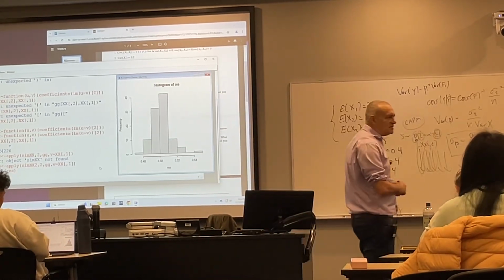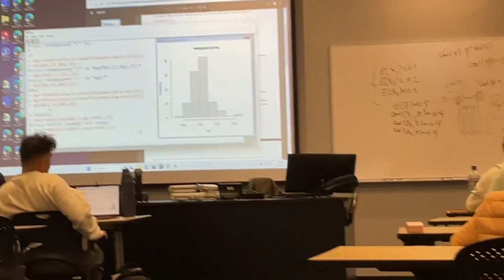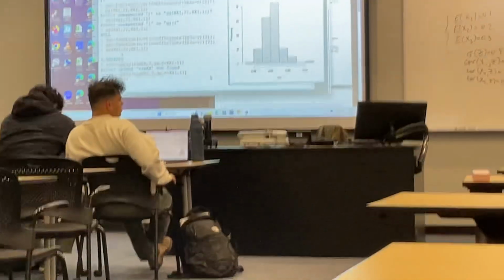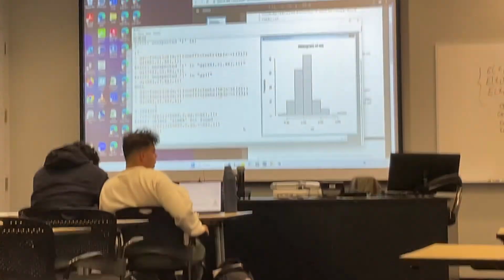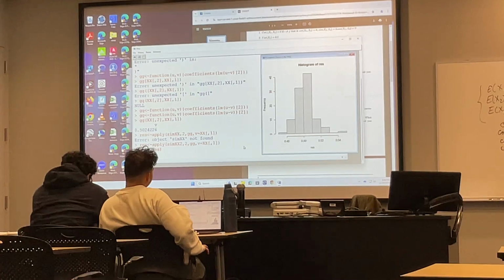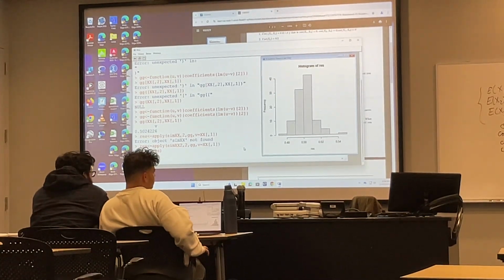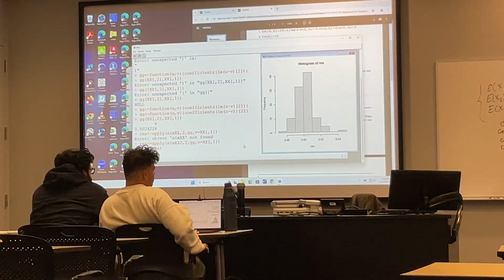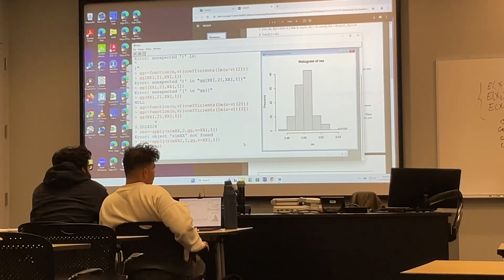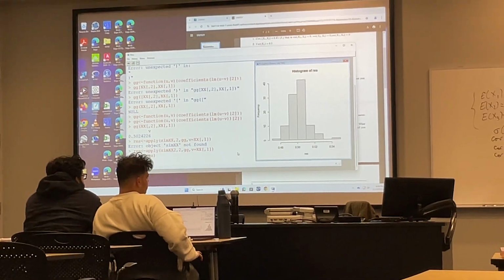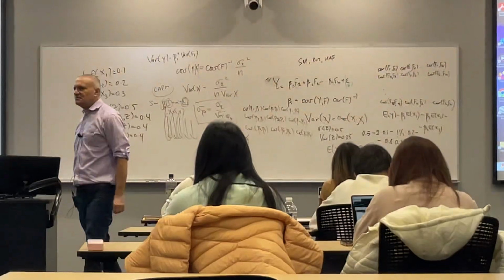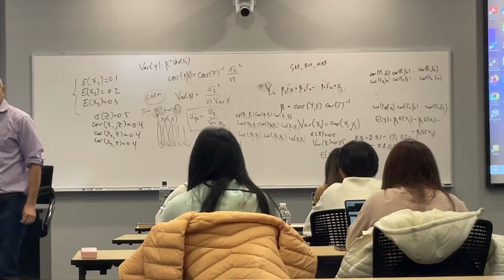It's only 100 columns. But you can see exactly the logic here, right? I simulated only the epsilon, and keep this fixed. I'm not touching this guy. Is this clear? Questions?